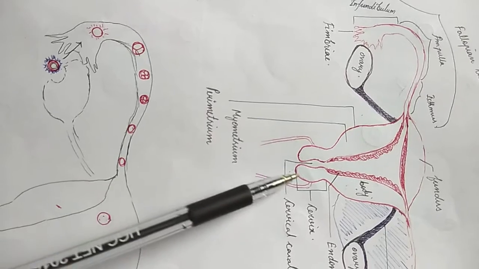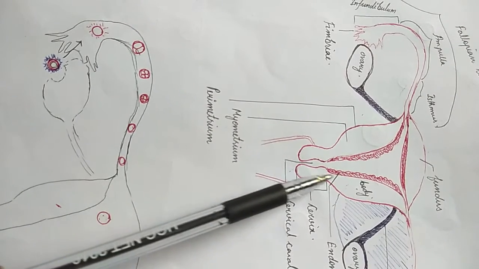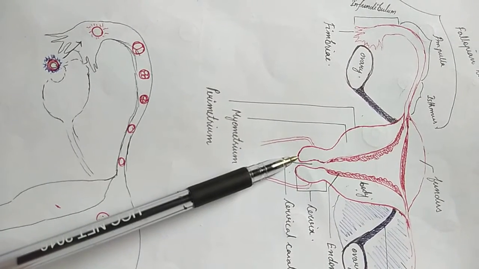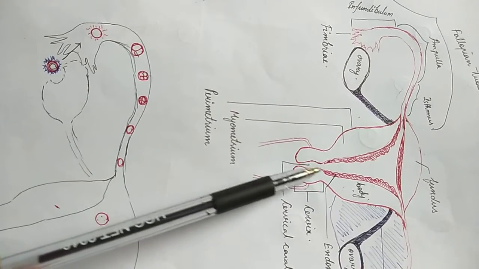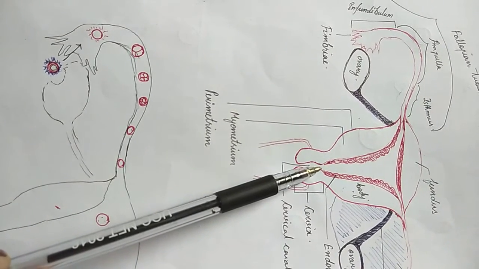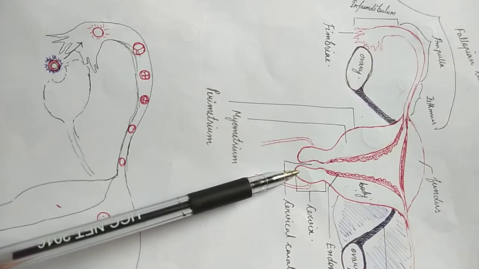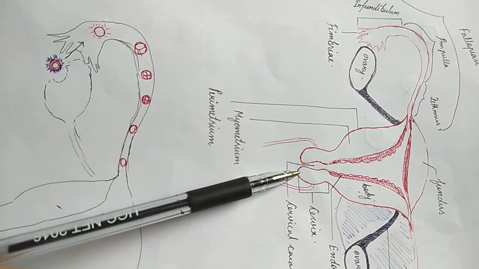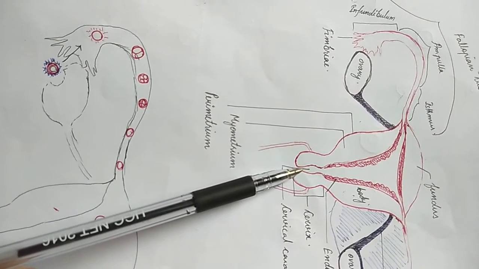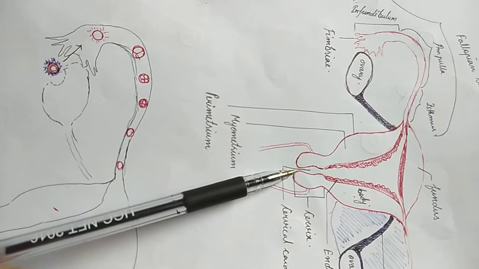The cervix communicates above with the body of the uterus by an aperture, the internal os, and the external os. The canal is known as cervical canal.